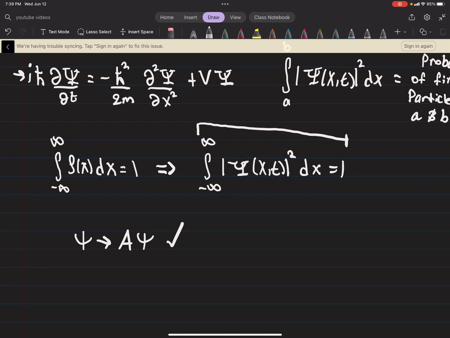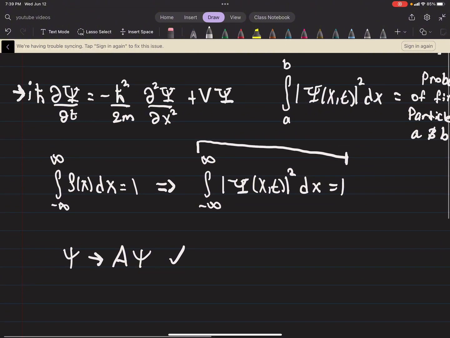If you took time derivatives or two spatial derivatives, you might get A double derivative of psi, A times d psi dt, what have you. Go ahead and plug that into Schrodinger's equation, and the A doesn't change anything. The A will eventually just all divide out. So if psi is a solution to a differential equation, any constant times psi is also a solution. So we're going to use that to our advantage here.